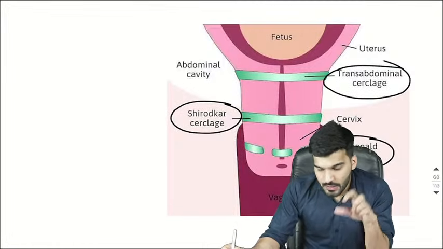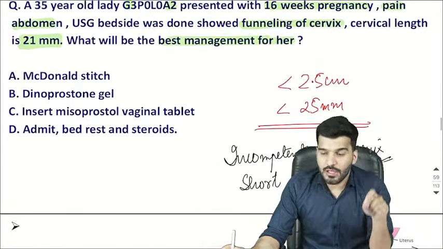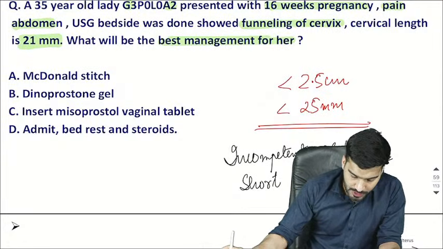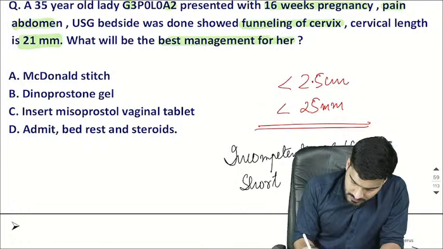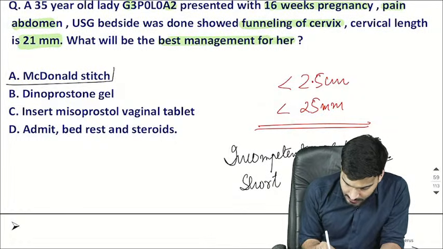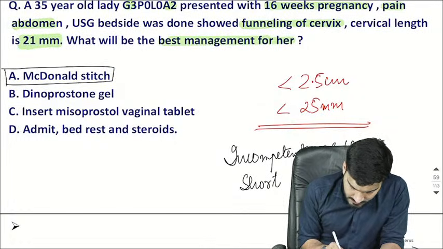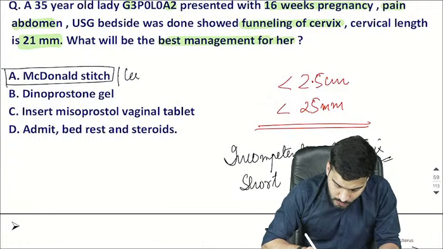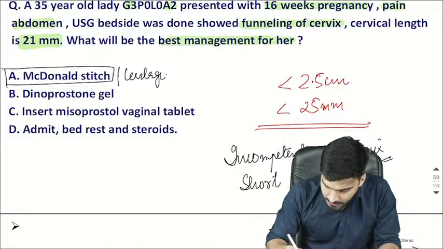Clear to everybody? So what is the answer for this particular question? Very good. Write down in the chat box. This is going to be the McDonald stitch, or we can write McDonald cerclage. We use muslin tape as well.